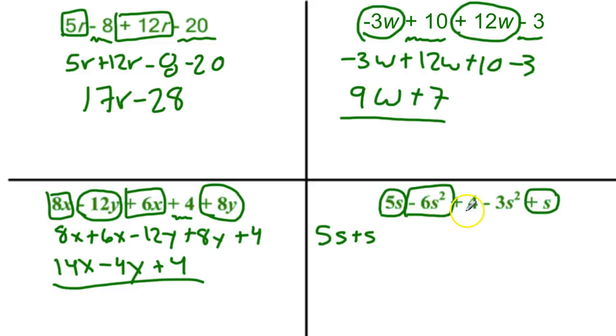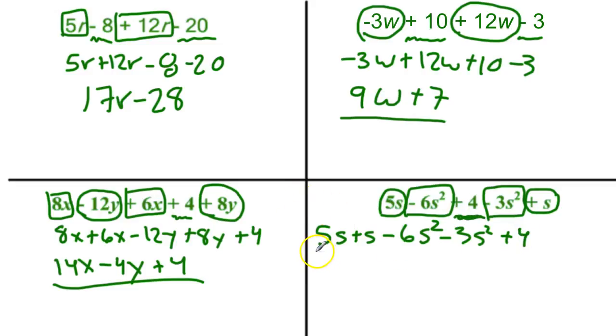Ooh, that was a tough one. And I can combine that with minus 3s squared. So minus 6s squared minus 3s squared. And then we have plus 4 by itself. So I just write that over there.